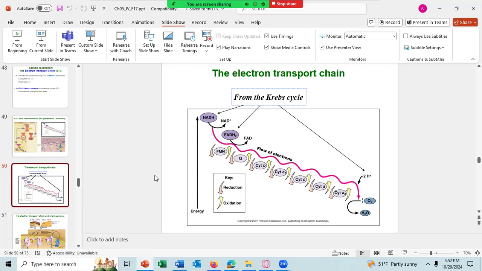The NADH and FADH2 come from the Krebs cycle. The electrons being transferred from one carrier molecule to the next happen in the electron transport chain. And then the electrons flow to oxygen to generate water.